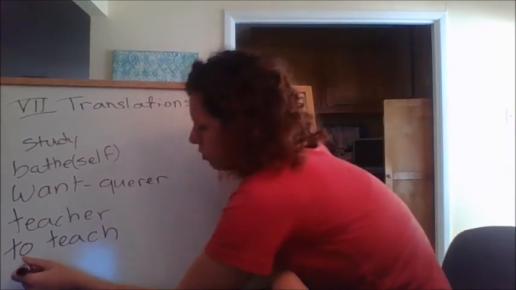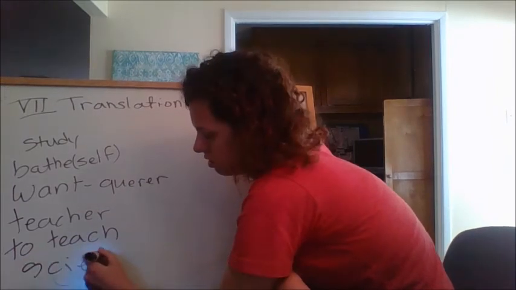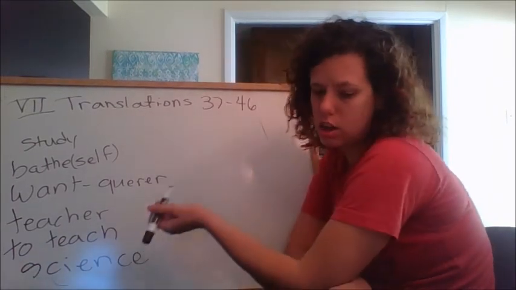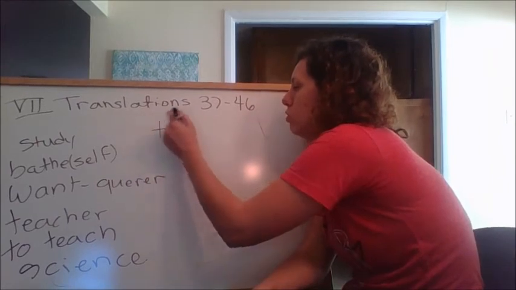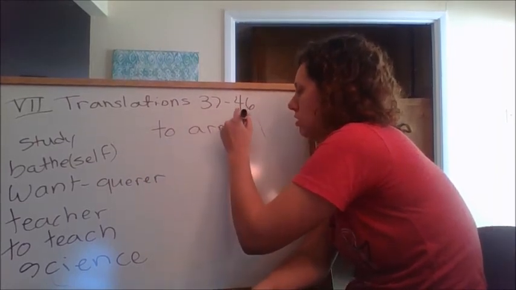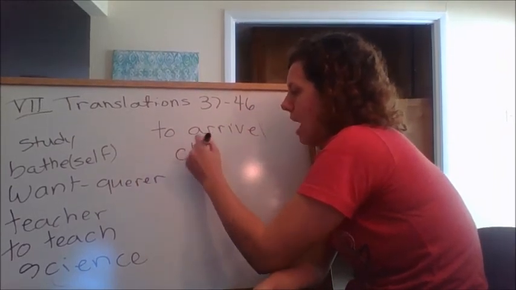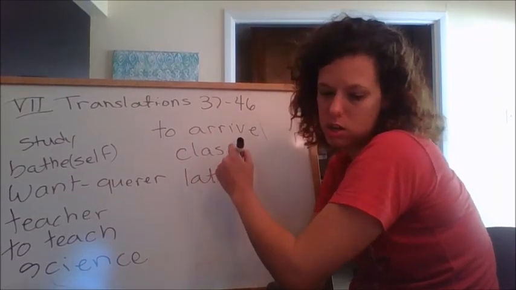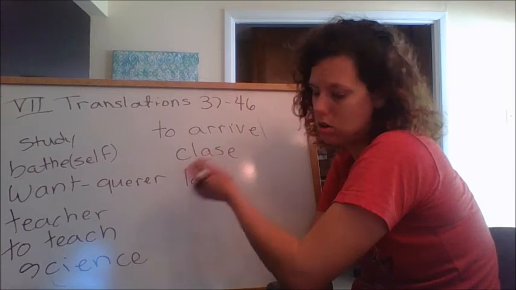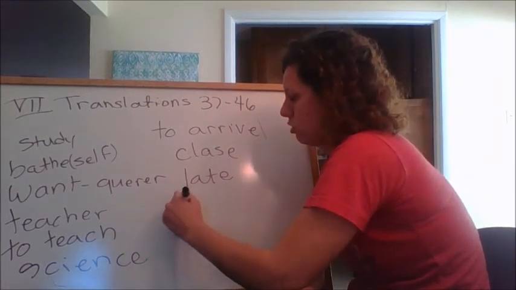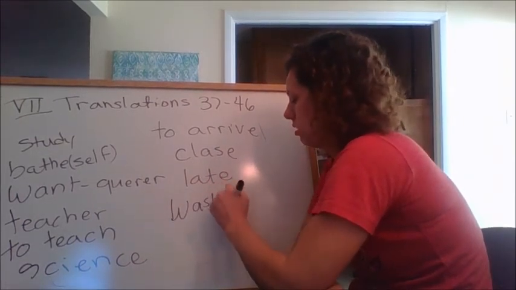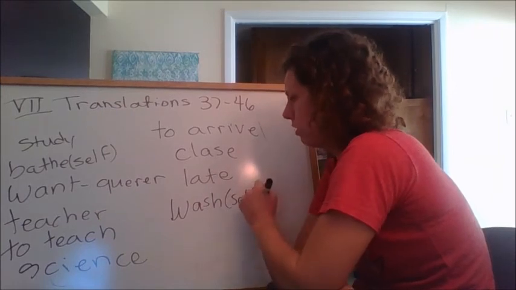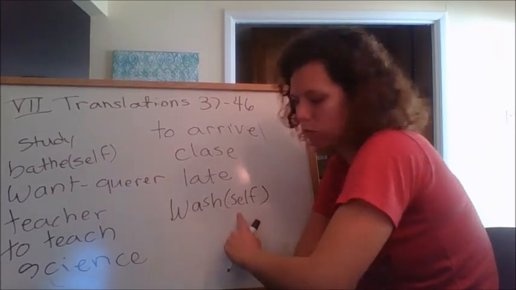You need to know science. You need to know to arrive. You need to know class. You need to know late. You need to know wash. Self. So the reflexive bathe, reflexive wash.